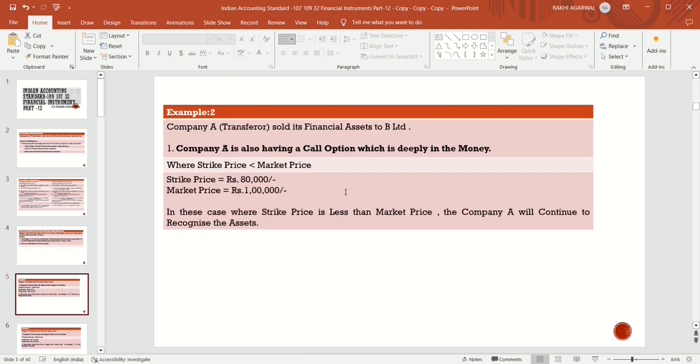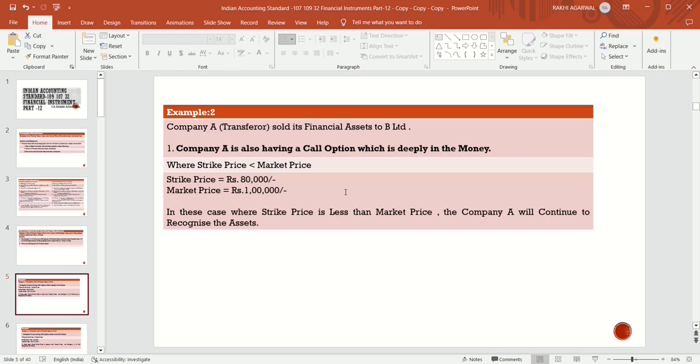Example 2: company A, that is the transferor, sold its financial asset to B Limited. Company A has a call option which is deeply in the money.